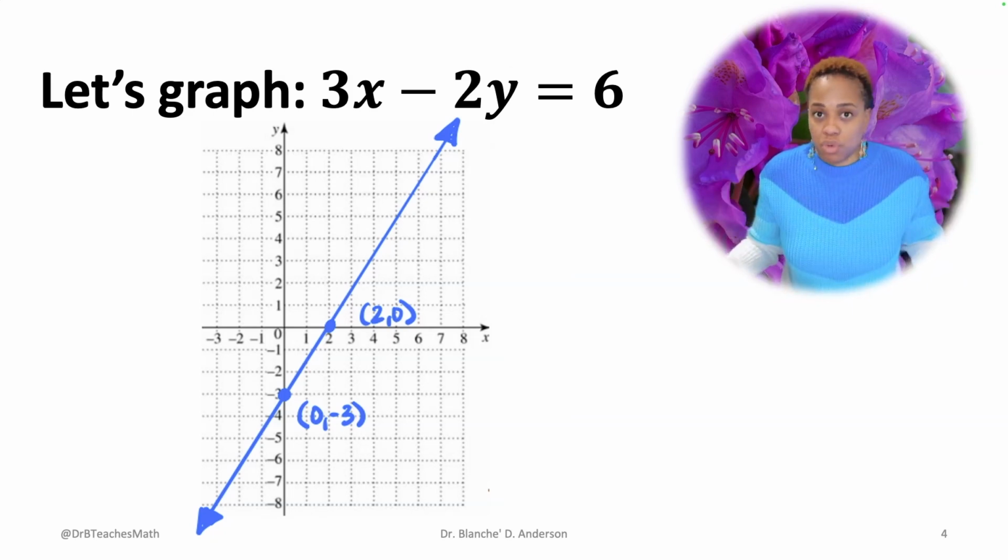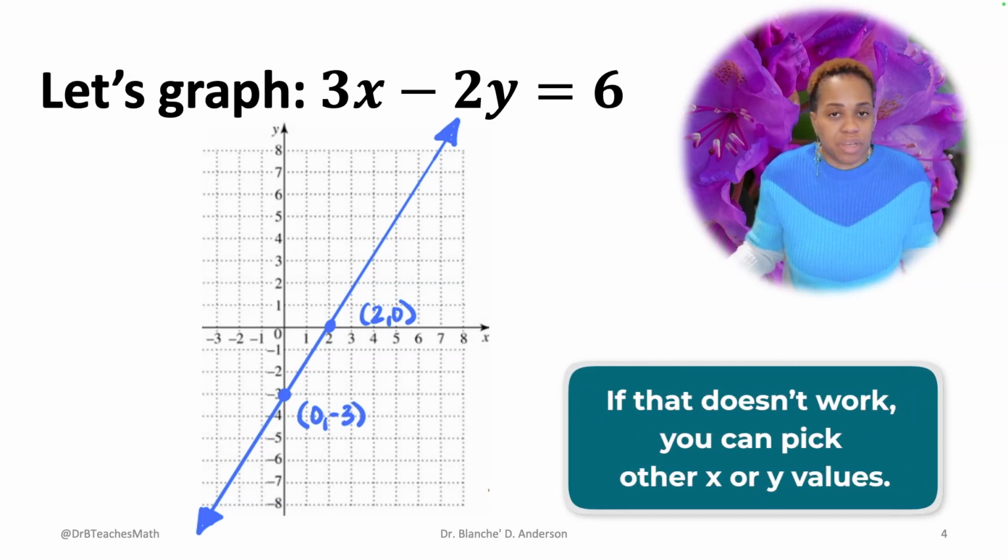The other way is a t-table, where you say, I pick 1 for x, what's y? I pick 0 for x, what's y? Because it's a straight line, you can pick any x and y you want to figure out your ordered pairs. I do the x-intercept and y-intercept just so I can get 2 points. 9 times out of 10 it works. If it doesn't work, you just pick different values for x and find your y, or pick different values for y and find your x.